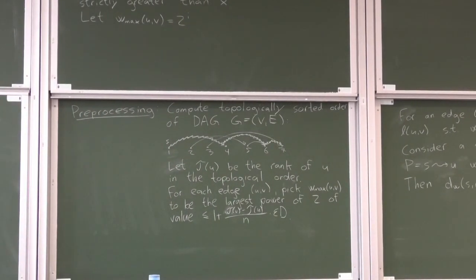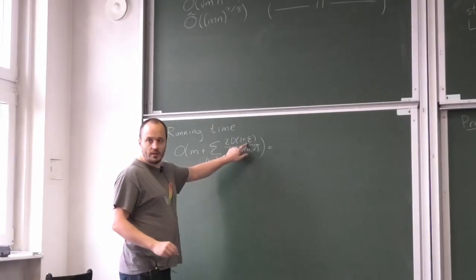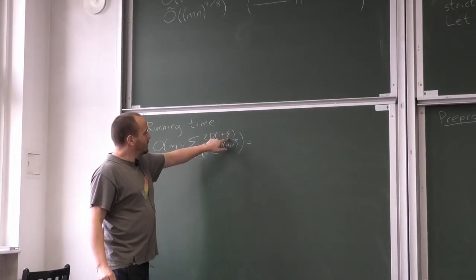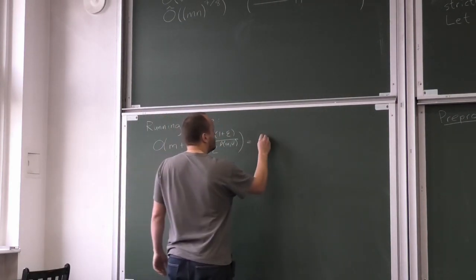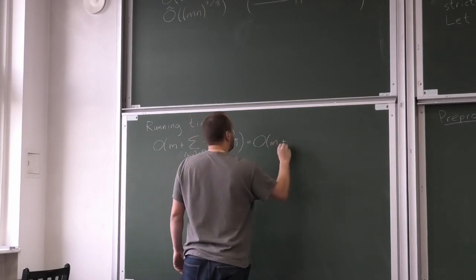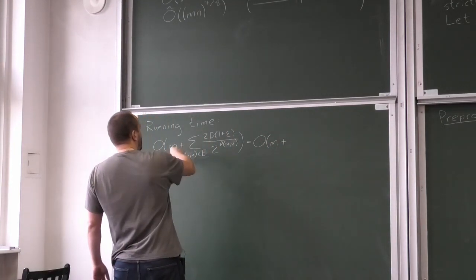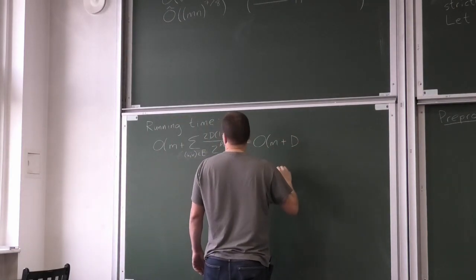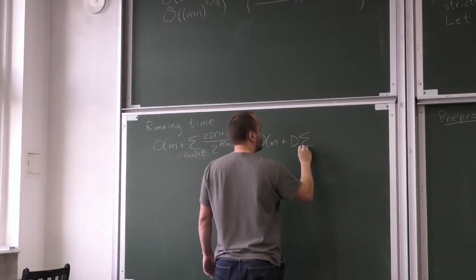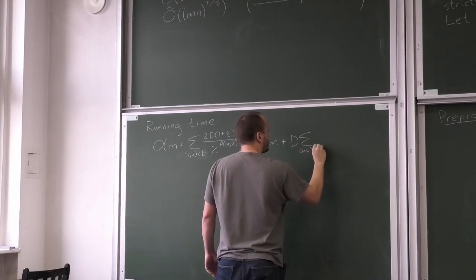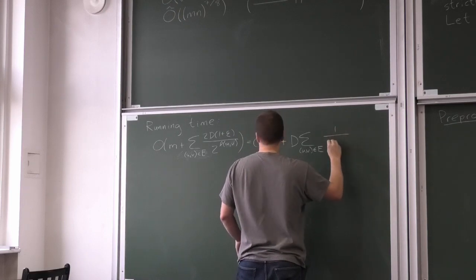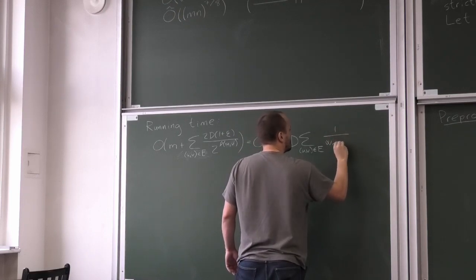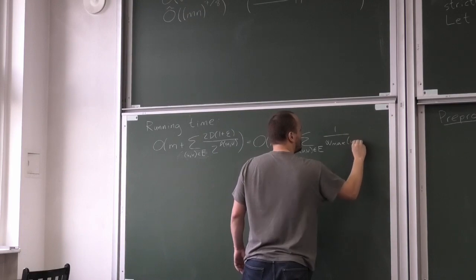That was the maximum weight. So now I'll just get rid of 2 and 1 plus epsilon. Let's assume that epsilon is at most a constant. So this just disappears in the O. So we get O of m plus, we can move d outside the sum, and then we have 1 divided by W max of u comma v.